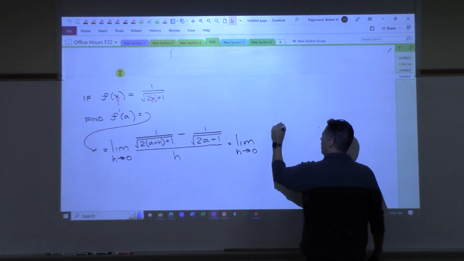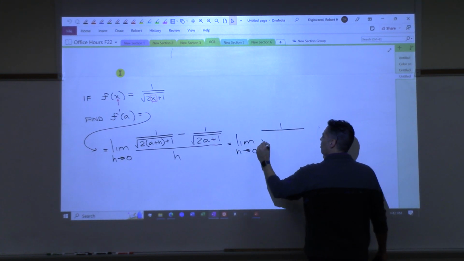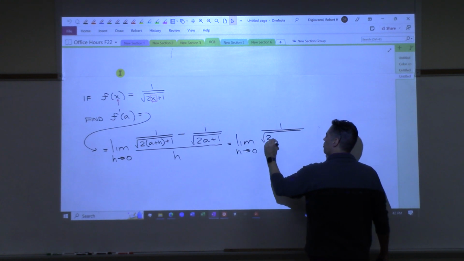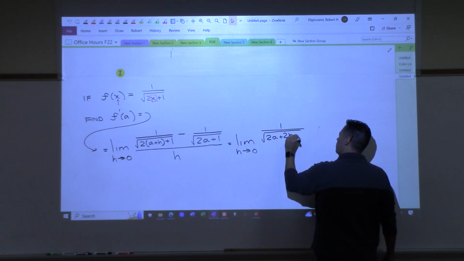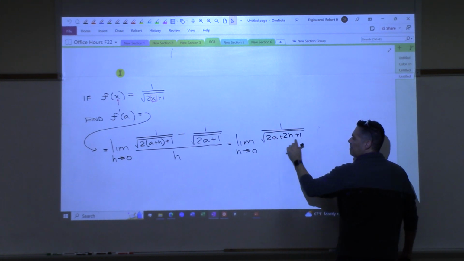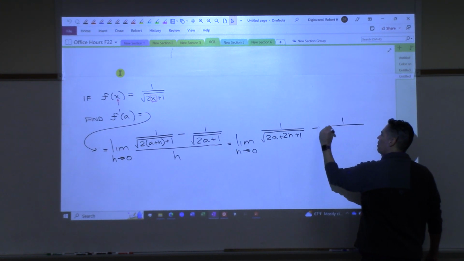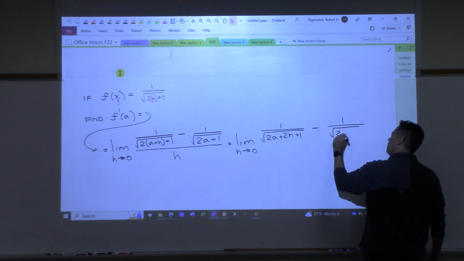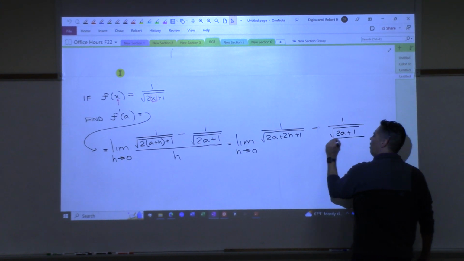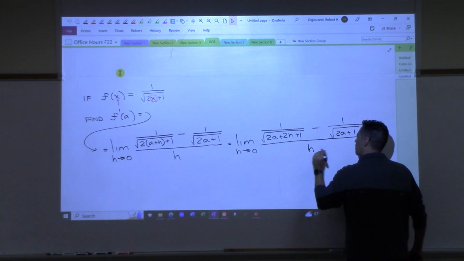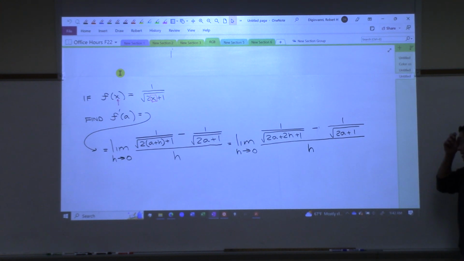All right, so here we go. Nothing new other than distributing the 2 through the parenthesis, 2a plus 2h plus 1. I cannot collect any of those together. They're not like terms, so I'm just going to leave them like that. 1 over square root of 2a plus 1. And then all of that over h. All right.